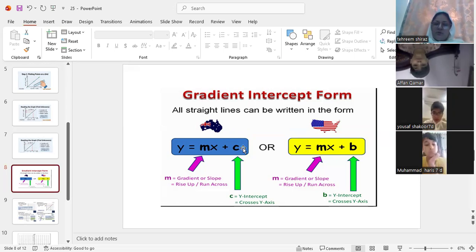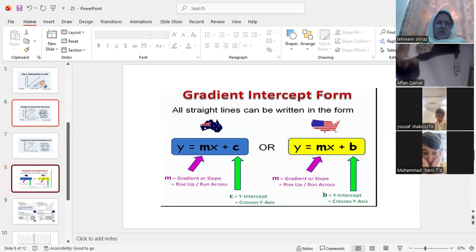There are other schools of thought who may use something different for the gradient and for the y-intercept as well. Anyone who has done this home task, please raise your hand. No one has done this task? Do find some other schools of thought, okay?